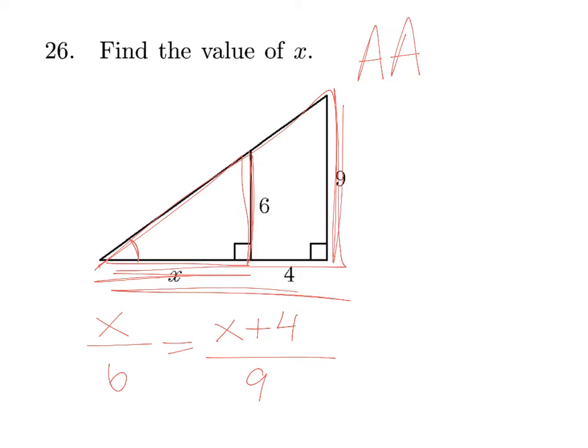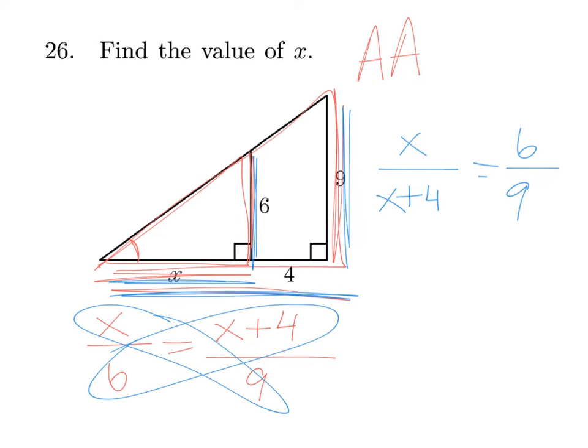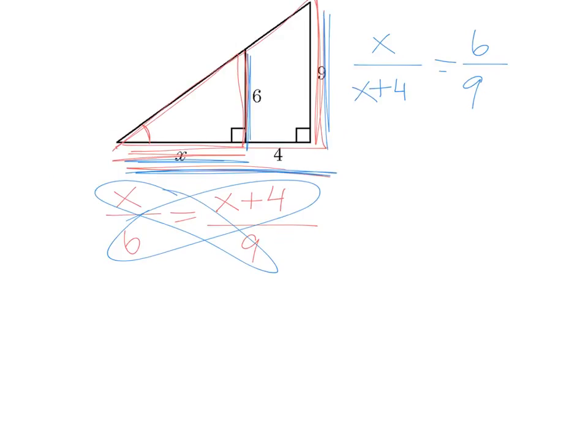I can do x over this whole side here, x plus 4, is equal to 6 over 9. Doesn't matter how you do it, you'll still get the same result. All right, just be consistent with which sides of the triangles you're using.